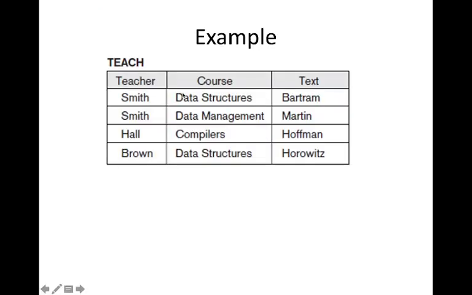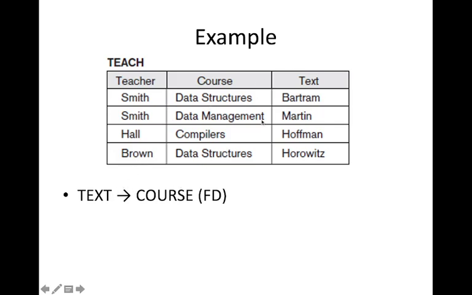So this is another example. Teach relation. We have teacher, course, and text. We do not know which is the key. So this is the r of R, or the relation database state. Now, when we see this database state, we can determine some functional dependencies. One functional dependency we can see is text to course.